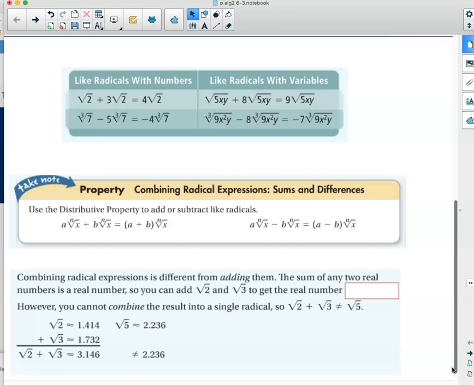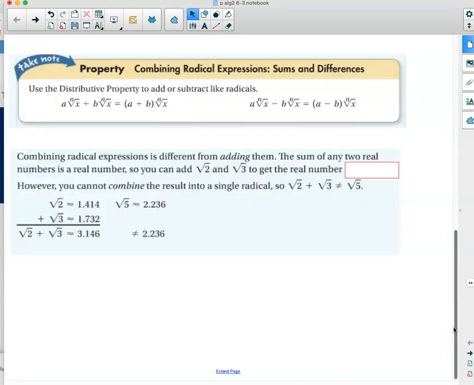They're coefficients. If we want to subtract them, we double check: is the index the same? Is the radicand the same? And then we just do the subtraction with the coefficients in front. So really, it's easiest to just think of all of that radical stuff as a label. This is how many of these I have.